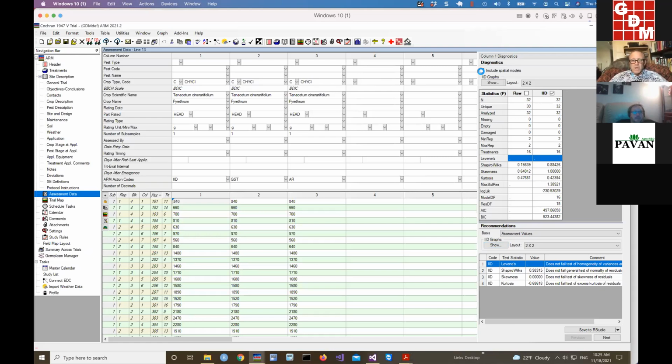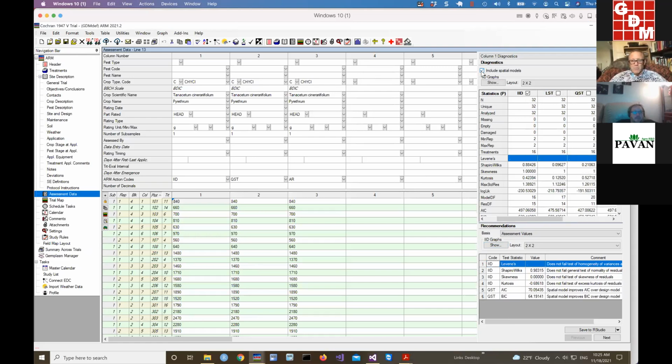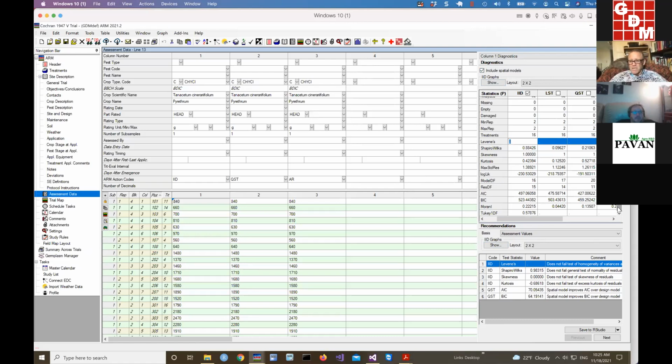What we might want to do, though, given the nature of the trial map, is to include spatial diagnostics. And in spatial diagnostics, we see 2 statistics. We see the Moran's I, which is a measure of spatial correlation. And in the original data, uncorrected for the block effect, there is a significant amount of spatial correlation.